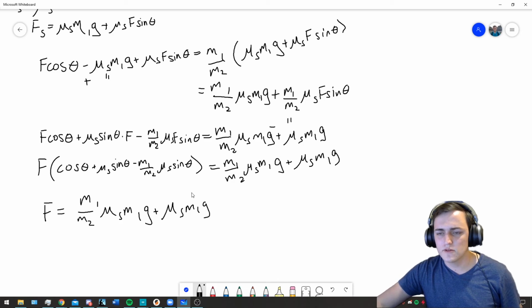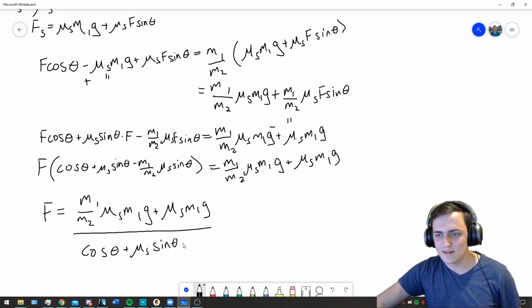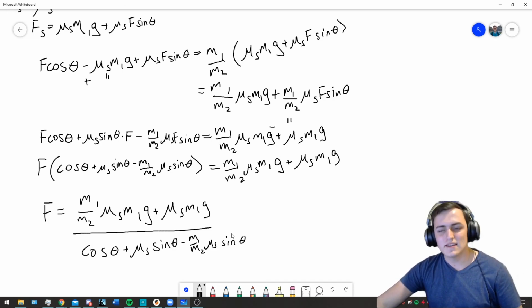Interesting, kind of two similar terms, just making sure we didn't make a mistake there. And we divide that by cosine theta plus mu sub s sine theta minus m1 over m2 mu sub s sine theta. Now this is a pretty nasty, pretty hairy expression.